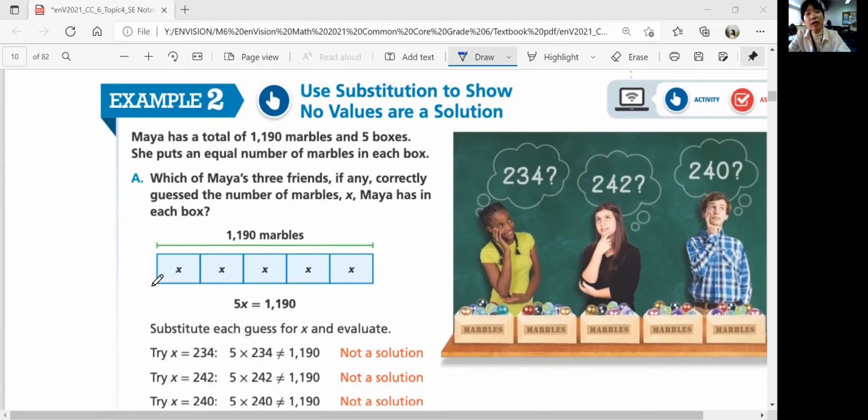Okay, she has 1,190 marbles. She has 5 boxes and she wants to put them in equally. So 5 times x, which is the number of marbles in each box, must equal 1,190. We're going to substitute each guess for x and evaluate.